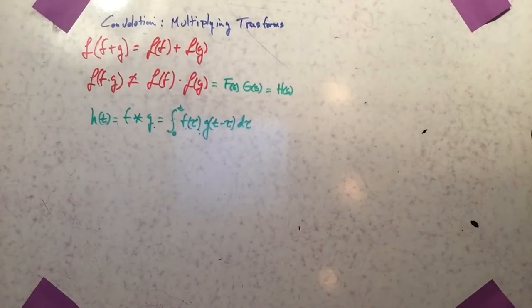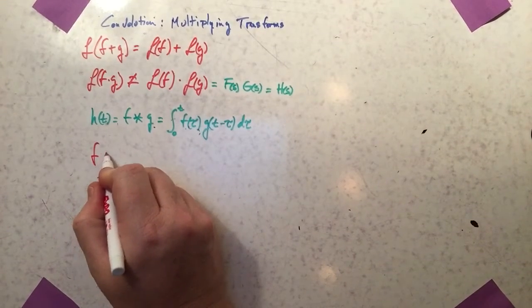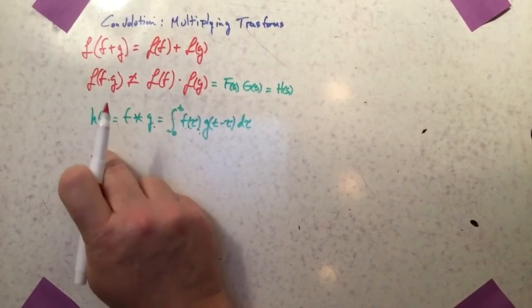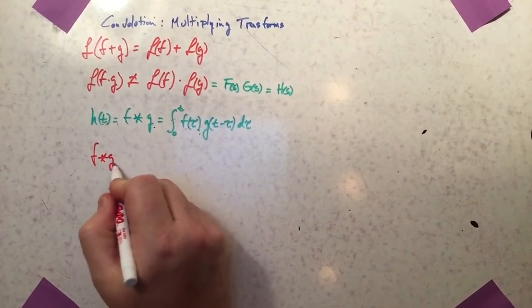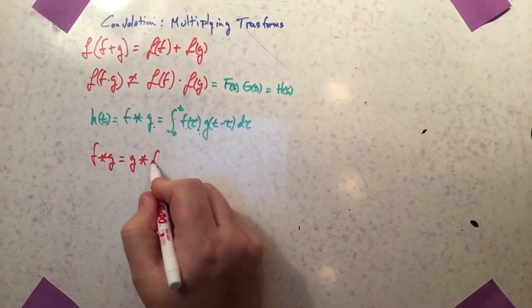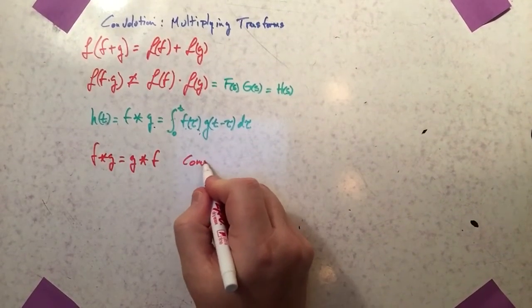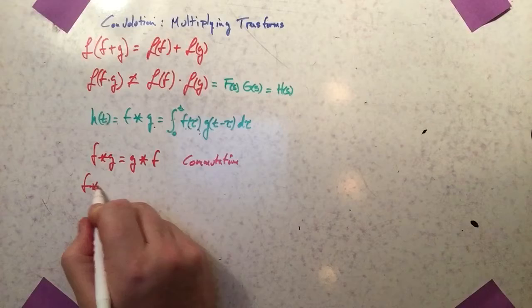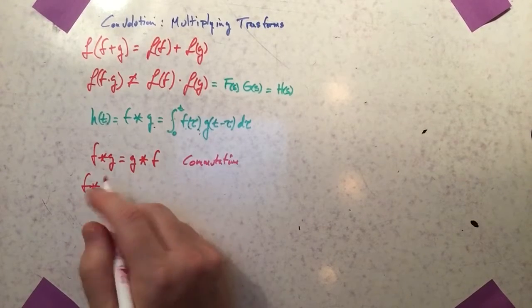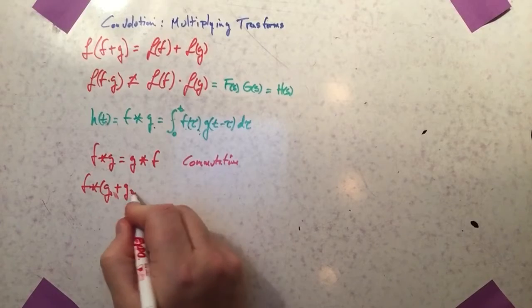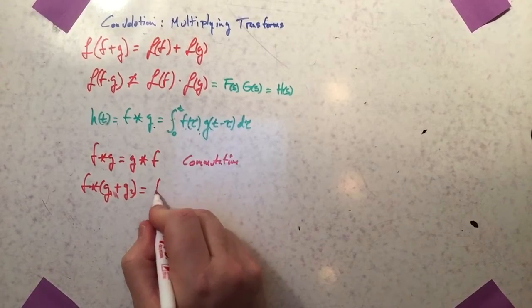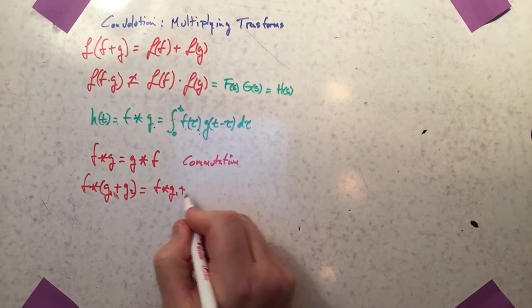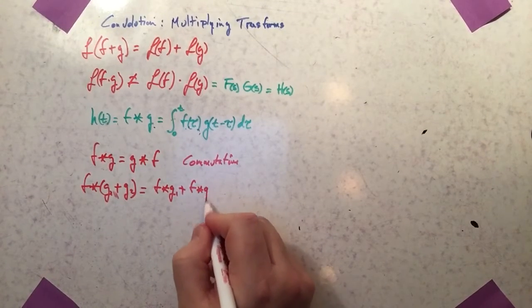First, though, let's talk about some properties of the convolution. You can kind of think of it as multiplication, and in many ways, it's very much like multiplication. Of course, f convolute g is the same as g convolute f. That is, it obeys the commutative property. F convolute g1 plus g2 equals f convolute g1 plus f convolute g2.